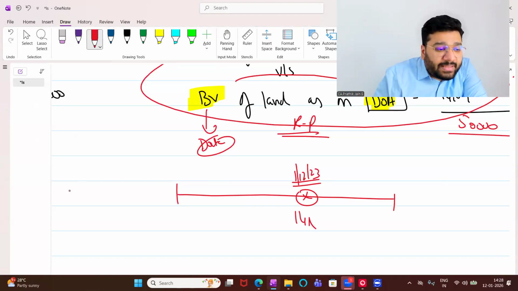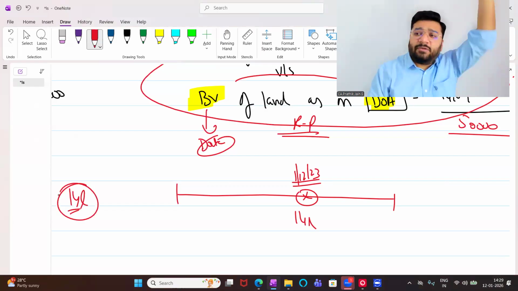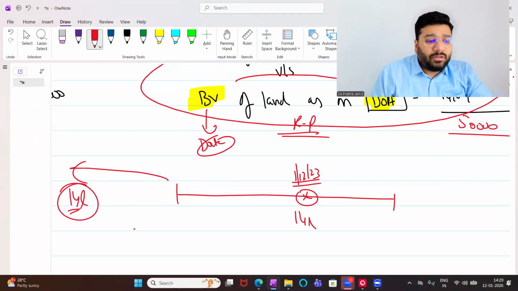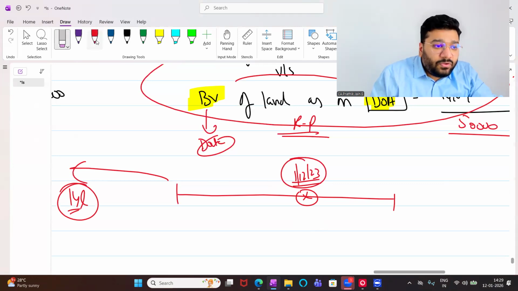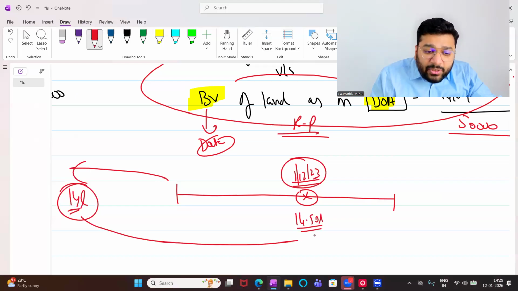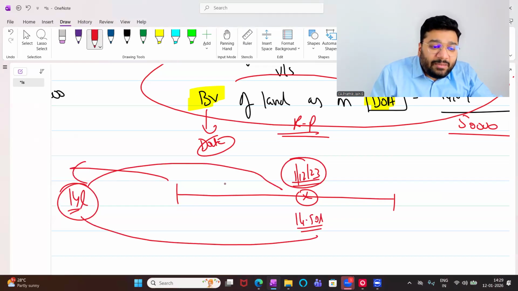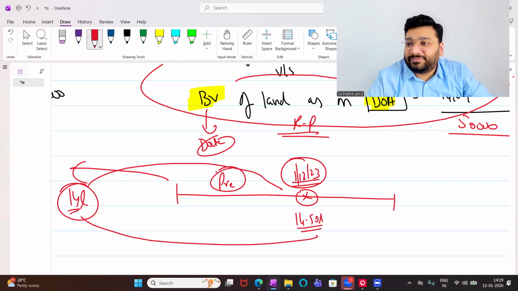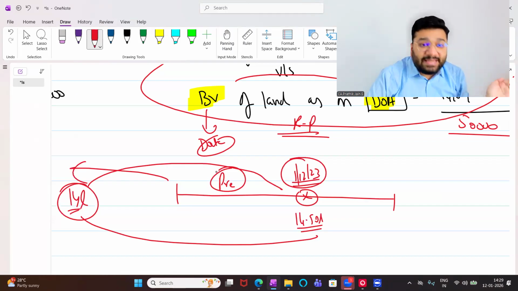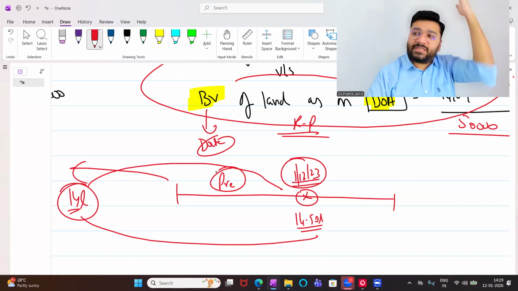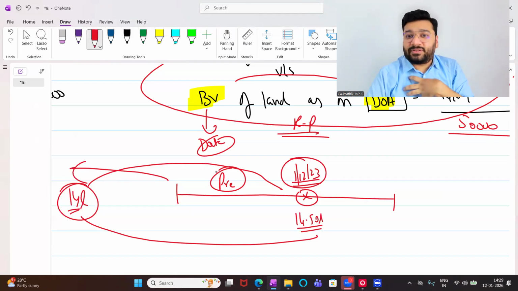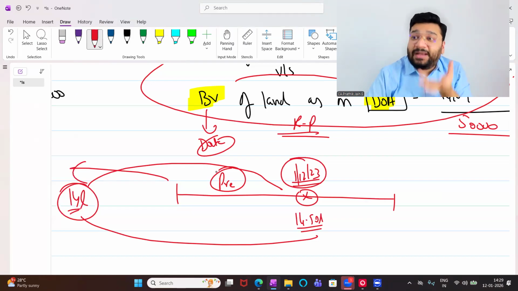14 lakh is the cost of the asset. Somewhere in the earlier years we purchased it, when we don't know. When we came to the date of acquisition, the worth of the asset is 14 lakh 50,000. This increment has happened during which period? During the pre-period. Concept is clear? I purchased the land 5 years ago and waited for 5 years. During this waiting period the value of the land has grown.